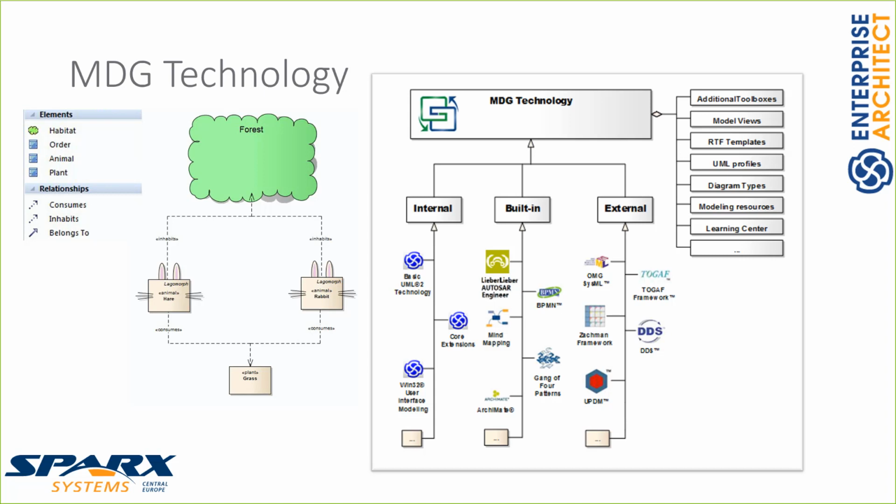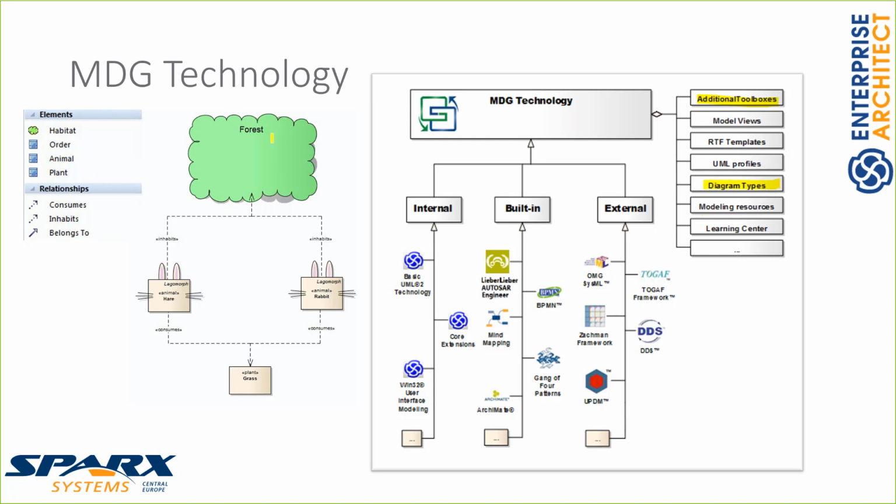A simple method of doing this is to develop and deploy an MDG technology, which can contain a number of specialized profiles and a range of other mechanisms to provide the broadest scope for your customized solutions. So as you see here, you can have additional toolboxes as a part of the MDG technology, diagram types, and so on and so forth.